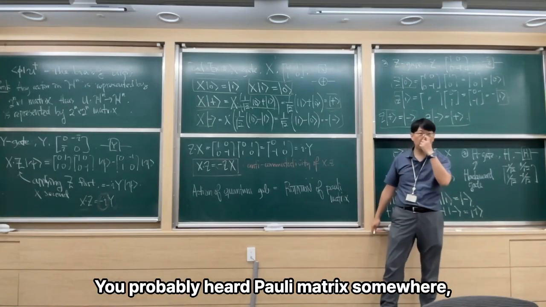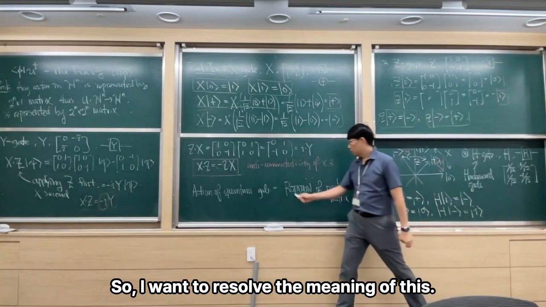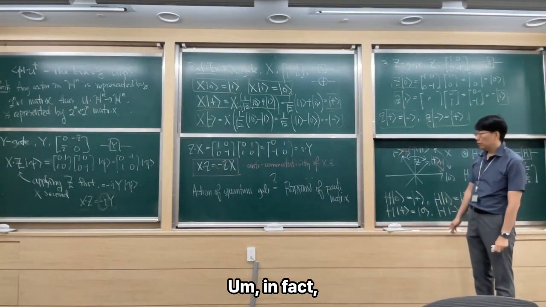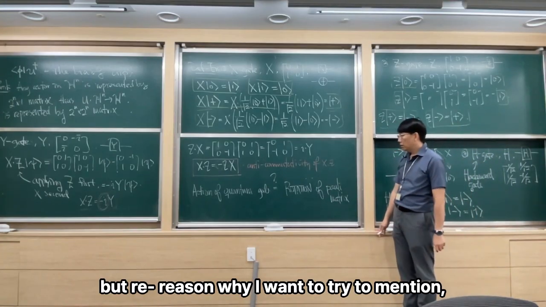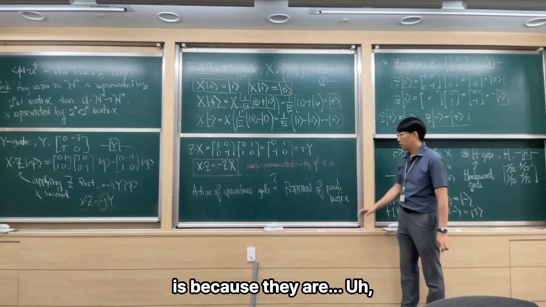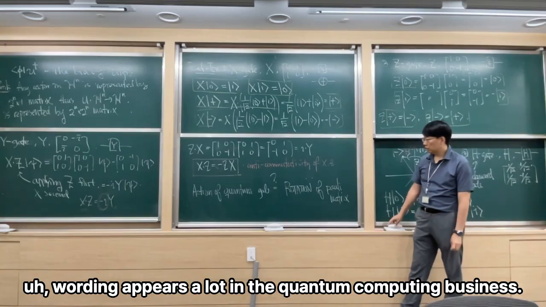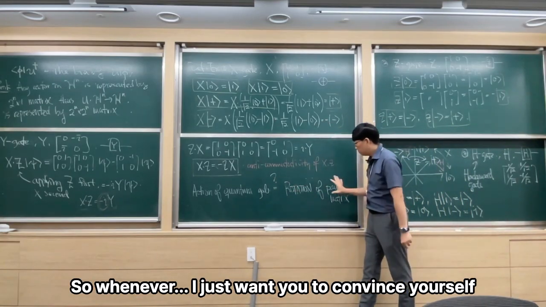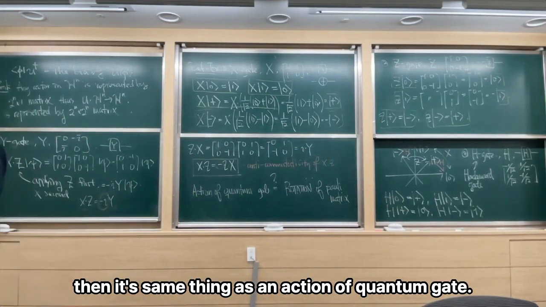You have probably heard of Pauli matrices somewhere in physics class. So I want to resolve the meaning of this. In fact, you don't need to really understand what the rotation means, but the reason why I want to relate these two concepts is that this kind of wording appears a lot in the quantum computing business. So I just want you to convince yourself that whenever you have a rotation, it's the same thing as the action of a quantum gate.